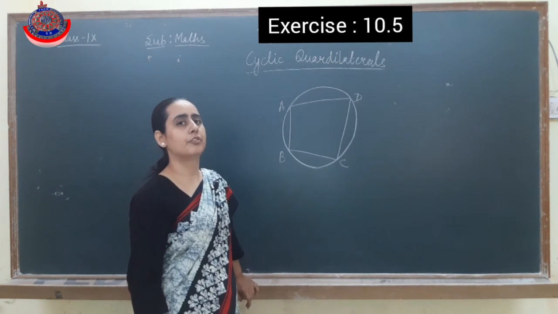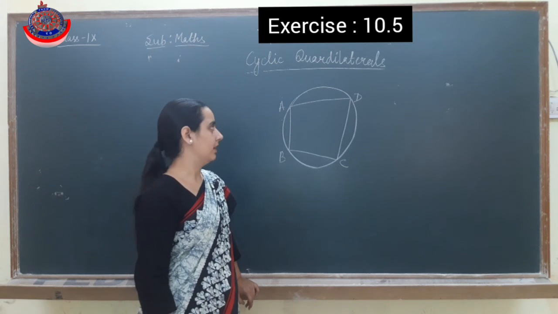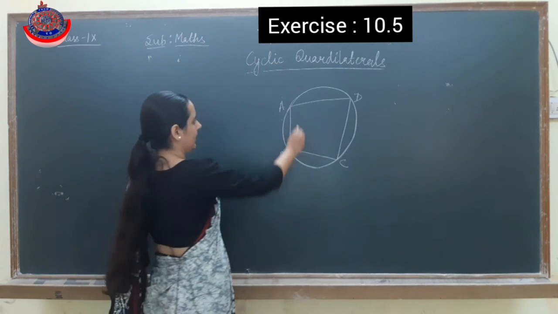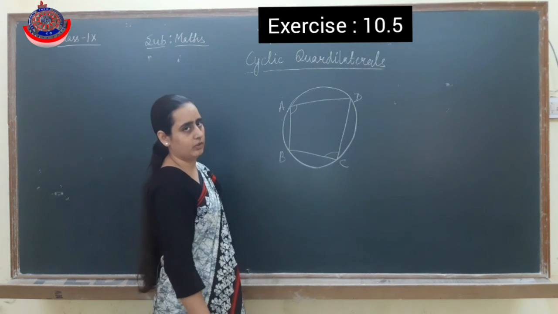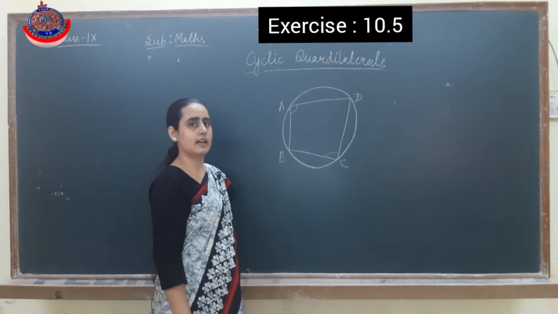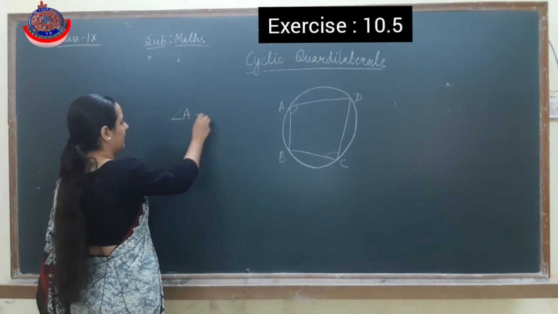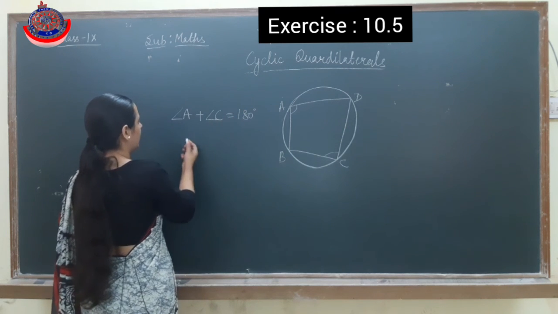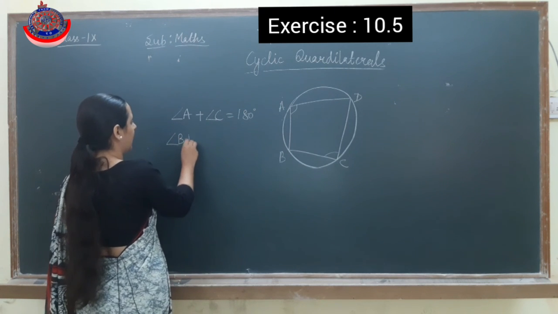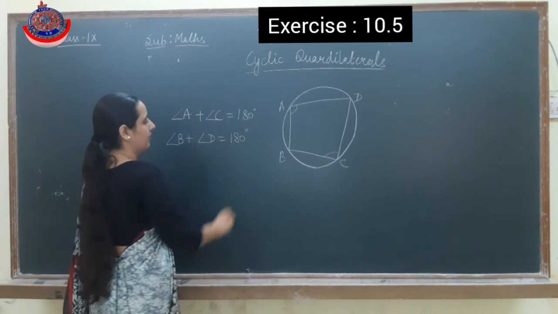Fine. Now what is the property of cyclic quadrilateral? That sum of opposite angles of a quadrilateral is 180 degree. That means I want to say angle A plus angle C will be 180, or we can say the opposite angles are supplementary, right? Like I can say angle A plus angle C will be equal to 180, and similarly we have angle B plus angle D is equal to 180 degree. Fine.